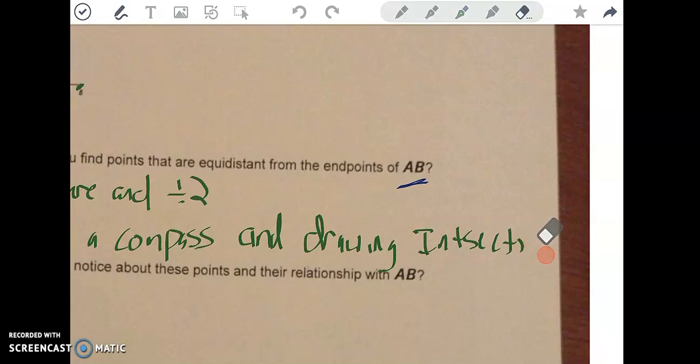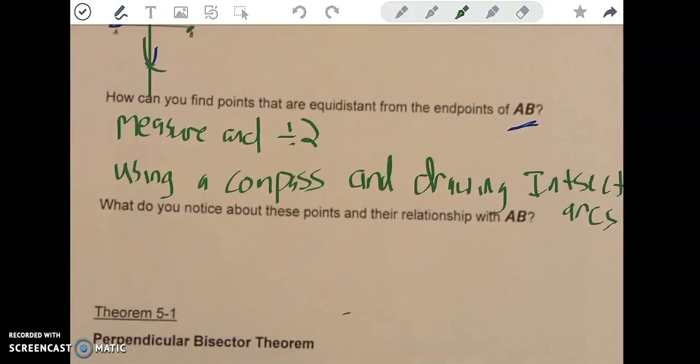I'm having a hard time spelling right now. Sorry about that. There we go. Intersecting arcs.